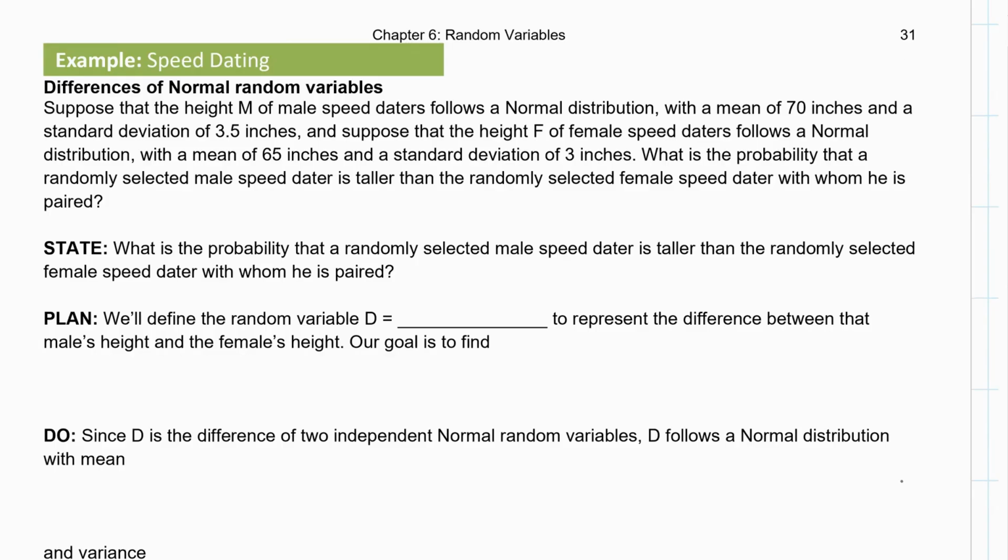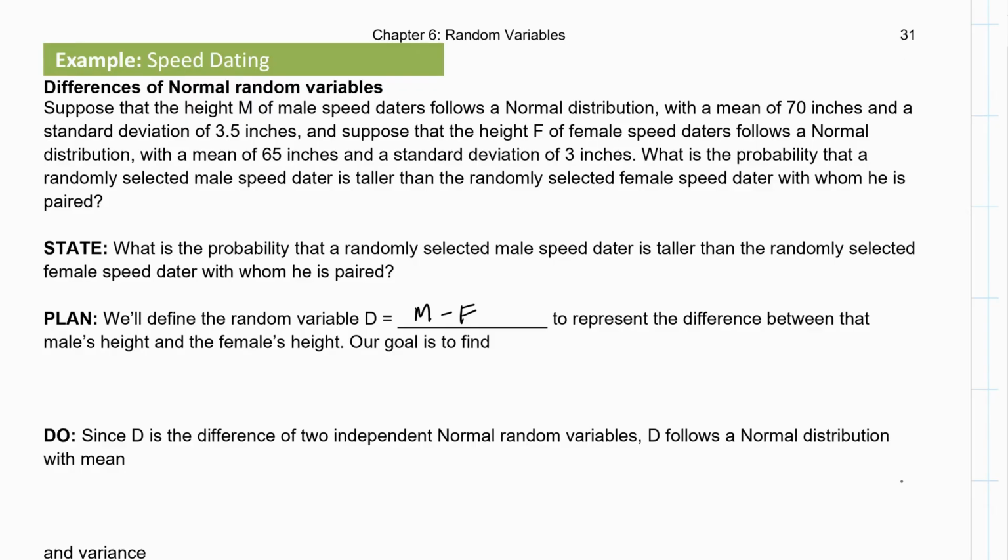Okay, so first of all, let's define what we're after. To do that, we'll use a new random variable D, which will be the height of the male minus the height of the female. And because we don't know the height of the randomly selected male and the randomly selected female, D is also random.